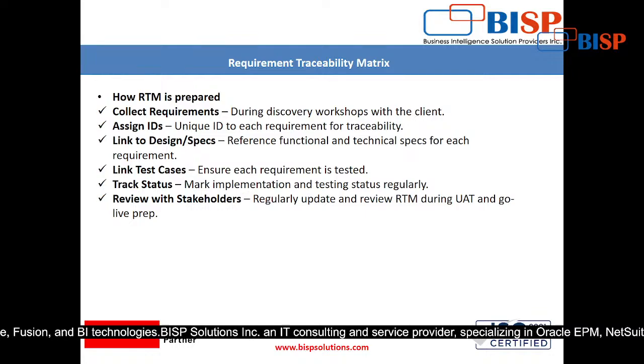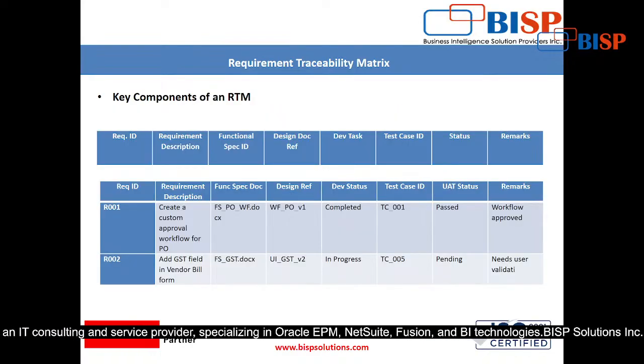Then we will mark implementation and testing status regularly. Review with stakeholders: you have to communicate with the stakeholders and take their review. Now, key components of an RTM. Now this is the most important, right?